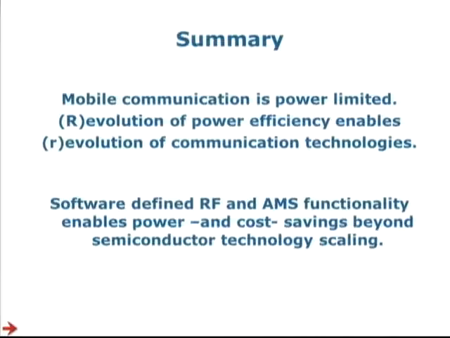Having said this, altogether, I think what we know is that if we do evolutions in power efficiency, we see that the devices evolve as well. But if we are able to provide revolutions in power efficiency, we can also build the ground for revolutions in communication technology. It's your choice whether that what I presented was an evolution or revolution.